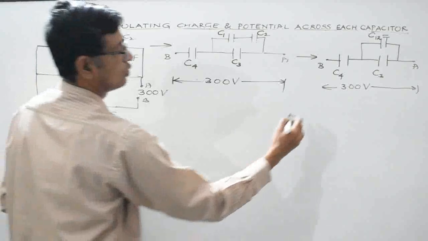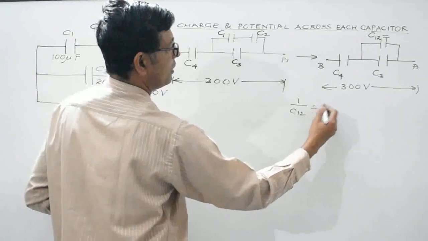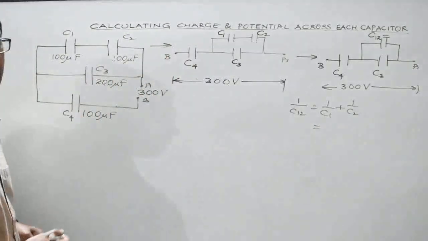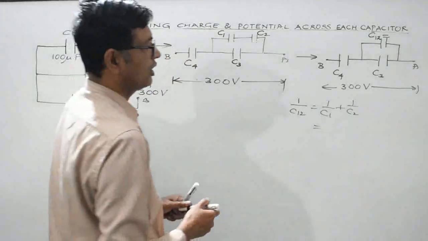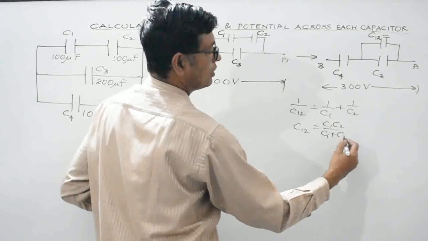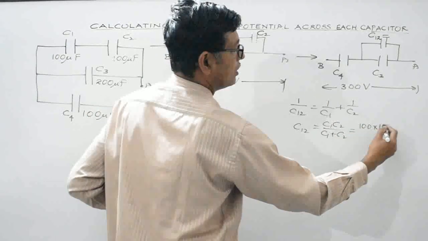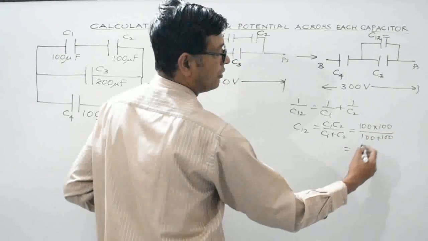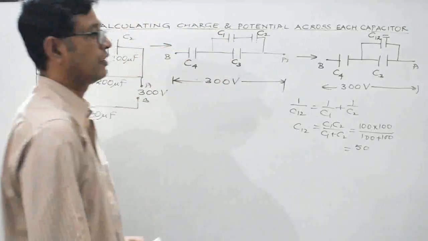These two are in series, so I'll write it over here, C12. It will be equal to 1 by C1 plus 1 by C2. Both are of value 100 microfarad. So you can easily evaluate it. C1, C2 divided by C1 plus C2. 100 into 100 divided by 100 plus 100. So it will give you 50.